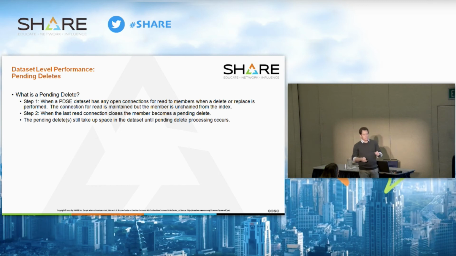Once that reader disconnects, we don't get rid of that old pending delete until pending delete cleanup processing occurs. So it can reside in that data set for a good bit of time, although we've made some improvements, which we'll talk about in a minute, in terms of how we deal with that.